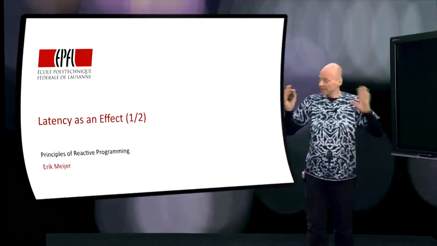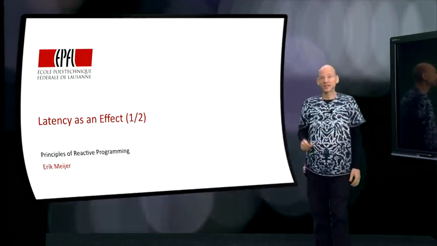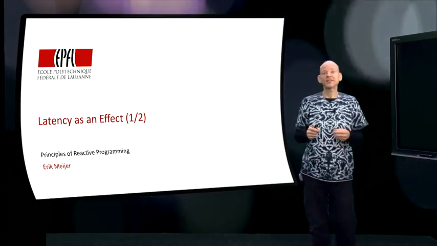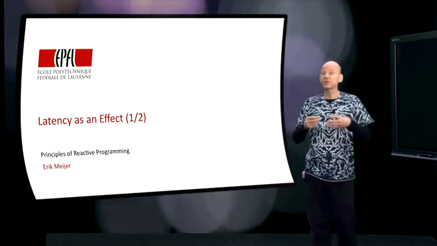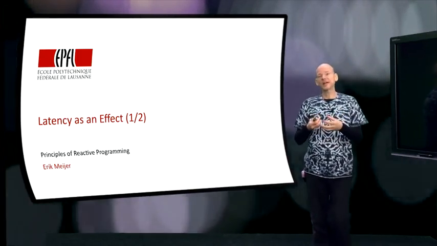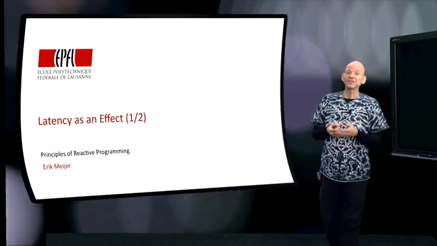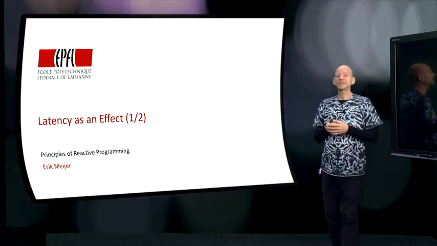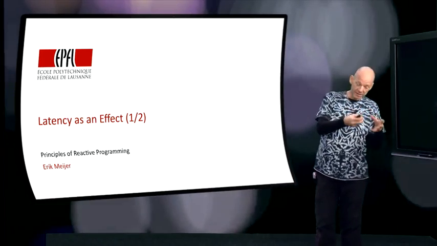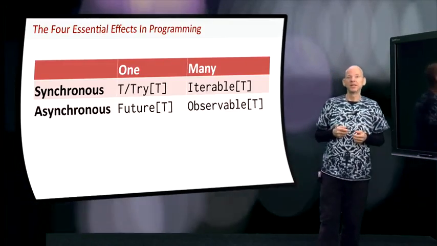Hey, welcome back. We're now going to look at our next effect, and that's latency. Remember that in the previous lessons, we looked at exceptions as an effect, so we wanted to enhance our types to reflect the fact that a computation could fail. But there's another effect that we want to make visible, namely the fact that a computation can take time.